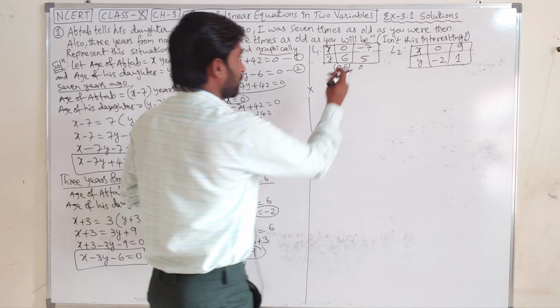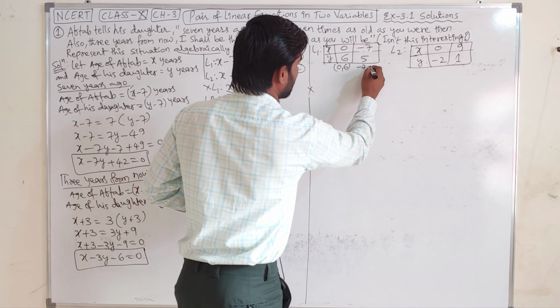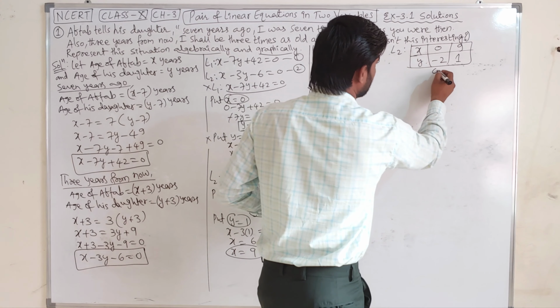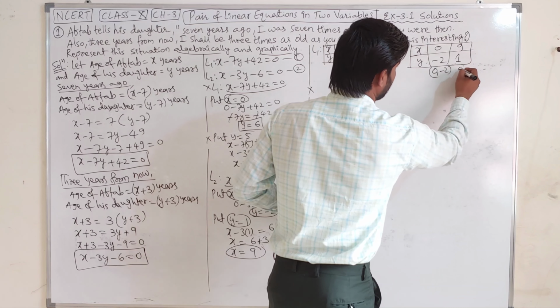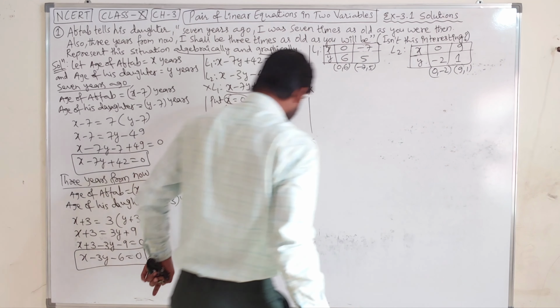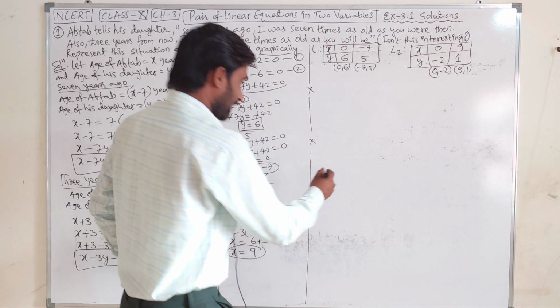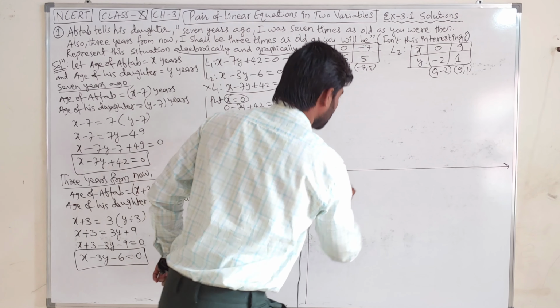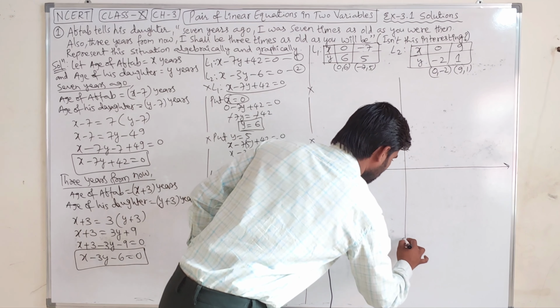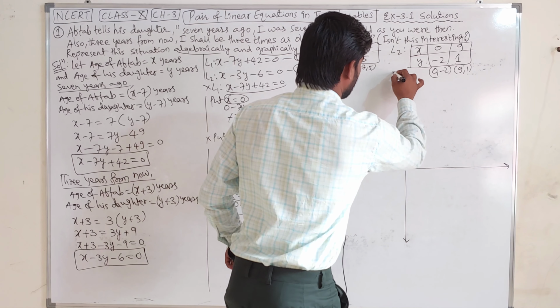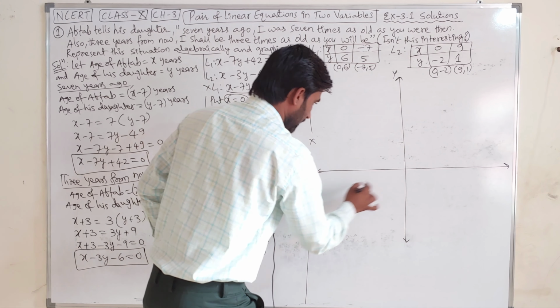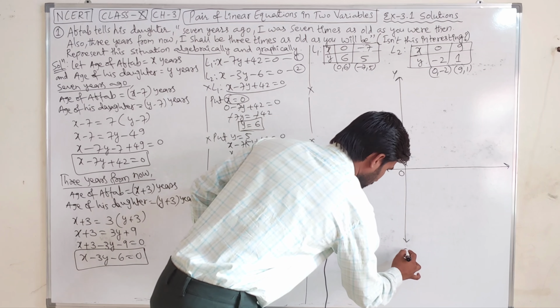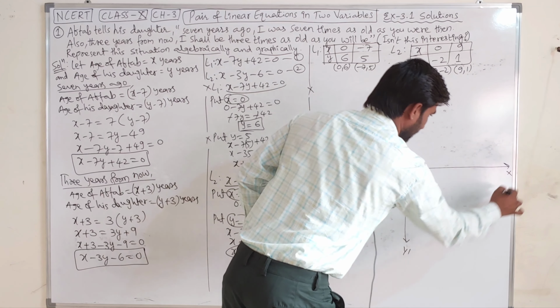So now we will plot these points. x is minus 7 and y is 5. And here 0, minus 2 and here 9, 1. So draw the Cartesian plane. It is the y-axis, x dash, origin, y dash, and the x-axis.